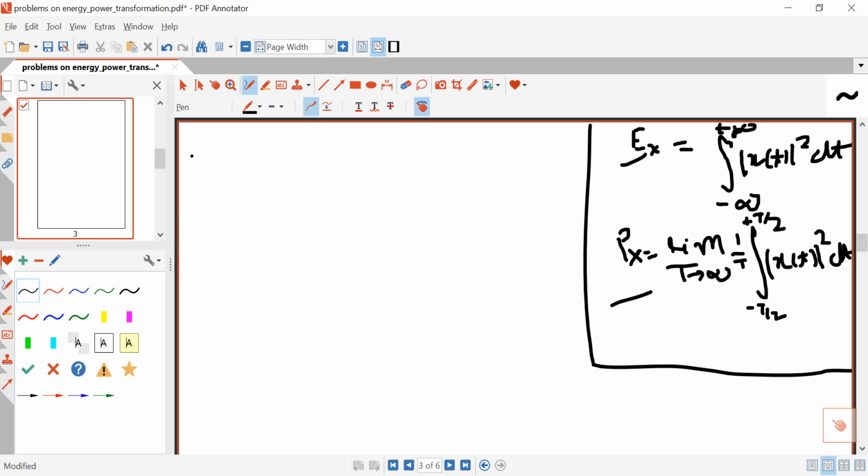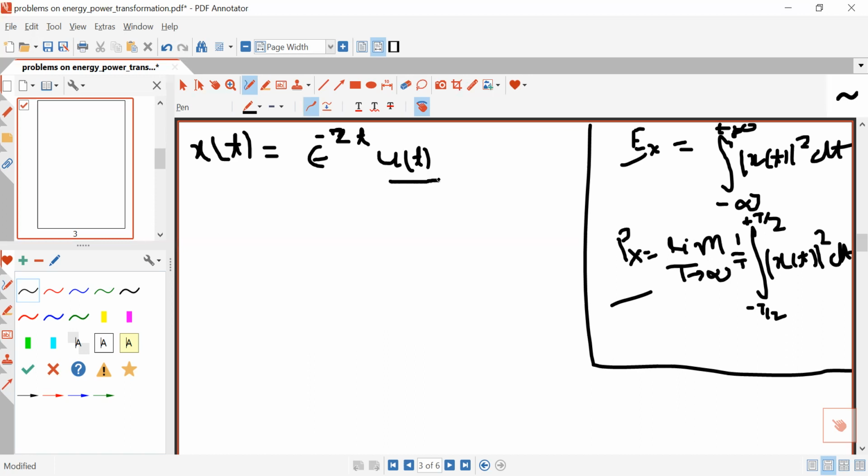Let us consider this by a numerical example. Suppose a signal x(t) is given. For example, the signal is x(t) equal to e to the power minus 2t times u(t). Here u(t) is the unit step signal, and this signal has unity value in the positive half, for t greater than 0, and has a 0 value in the negative half, when t is less than 0.